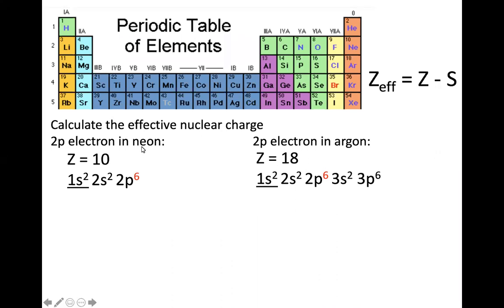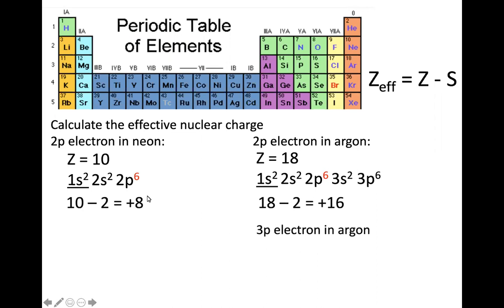From the perspective of neon, there are 2 electrons that have a smaller principal quantum number. For argon, 1s2, 2s2, 2p6, 3s2, 3p6. From the perspective of an n equals 2 electron, it also has 2 electrons that have a smaller principal quantum number. These would be the resulting effective nuclear charges on a 2p electron, whether I was looking at neon or argon.